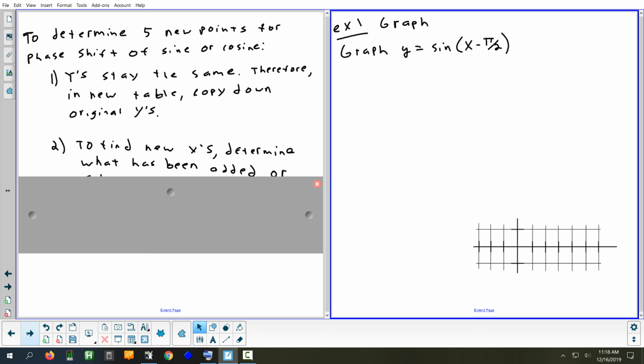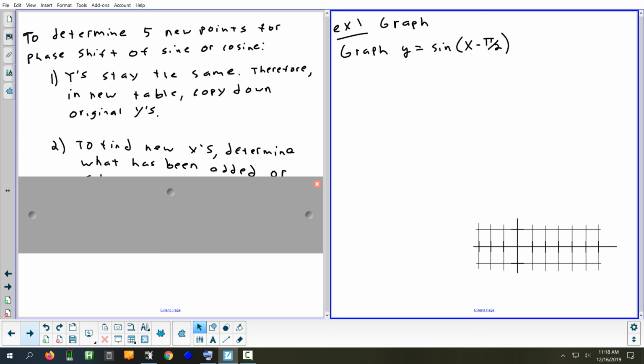Example 1, right hand side. You're subtracting pi over 2. Because it's subtraction, that tells me it's a phase shift, and it tells me that it's to the right. So now, we know that this graph should move to the right. Because it's the opposite. We've done that.